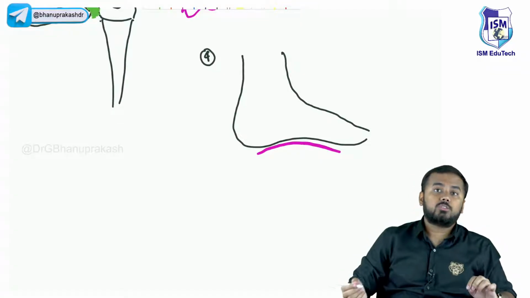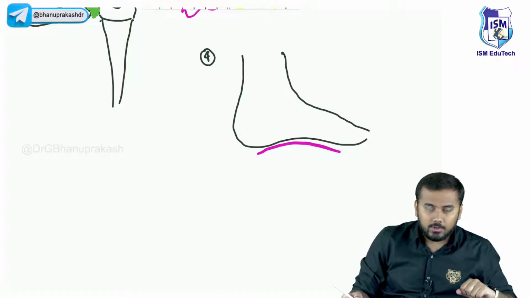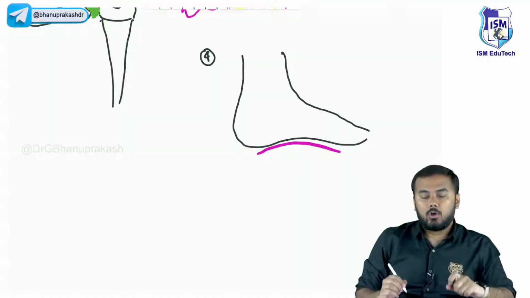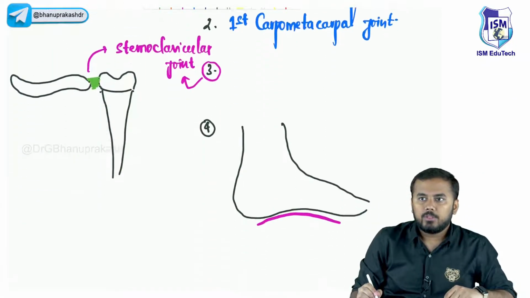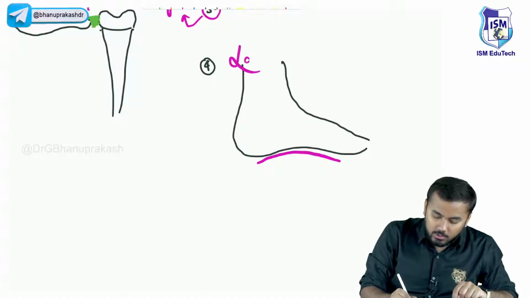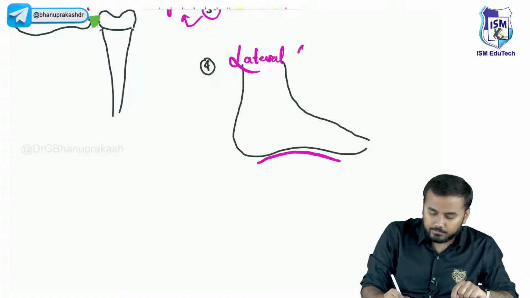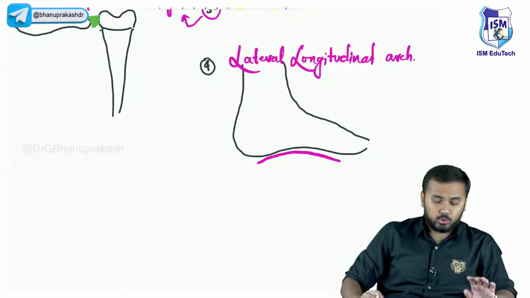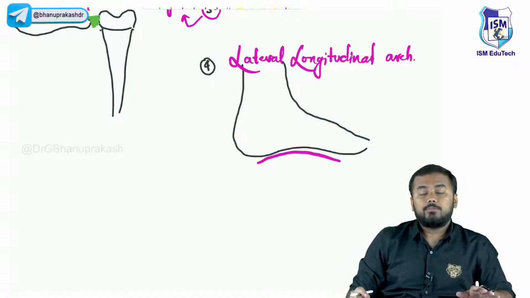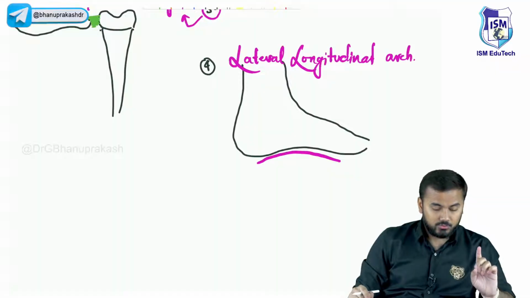With the help of this lateral longitudinal arch, a saddle joint is formed.